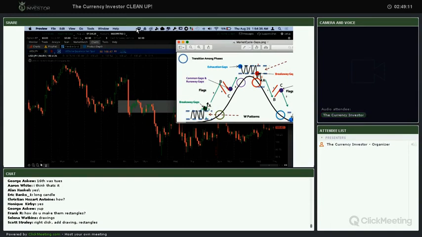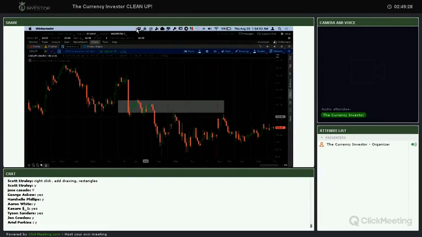That's what the cycle tells us. Does everybody understand that? So, this is what the cycle tells us. We see an M, we know exactly where we are in this trade.